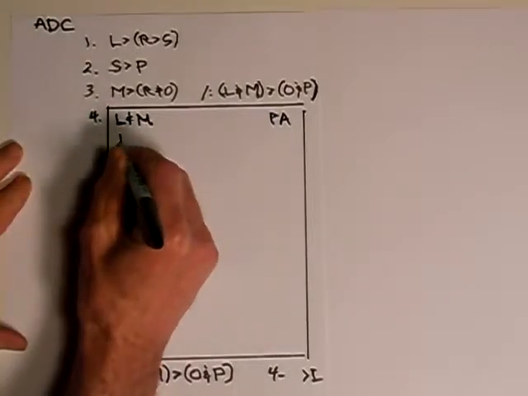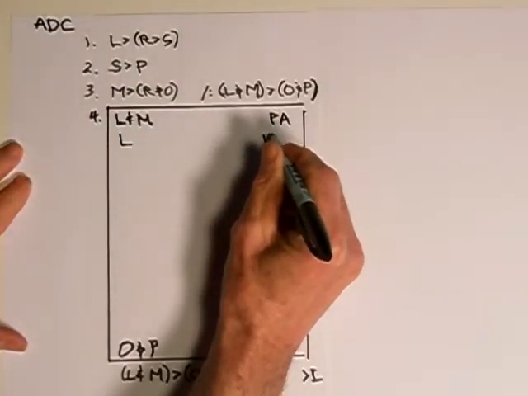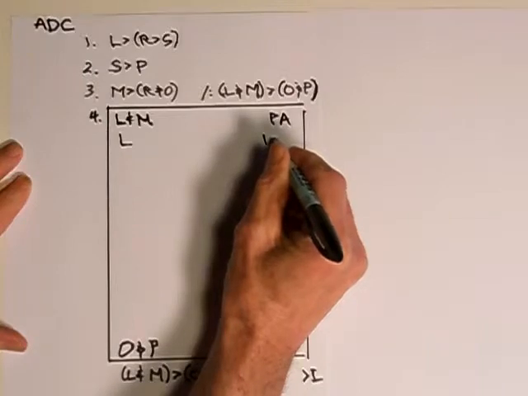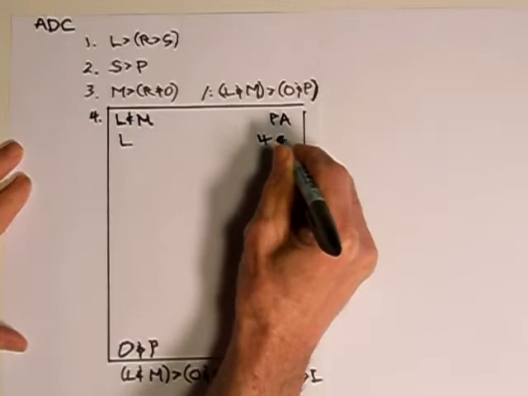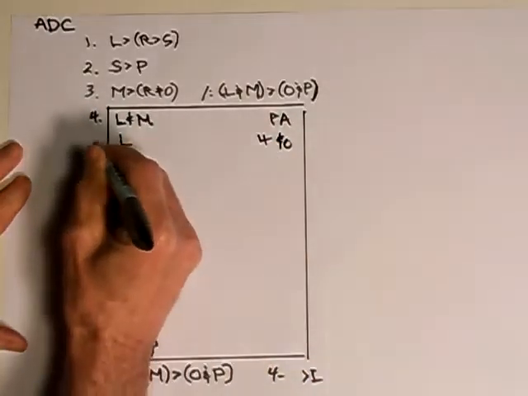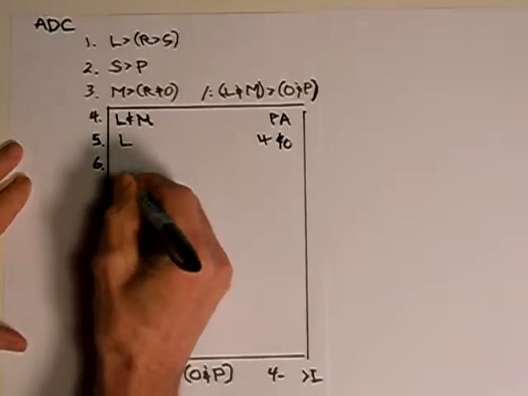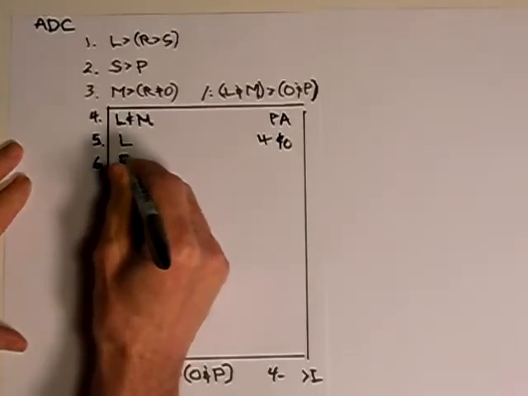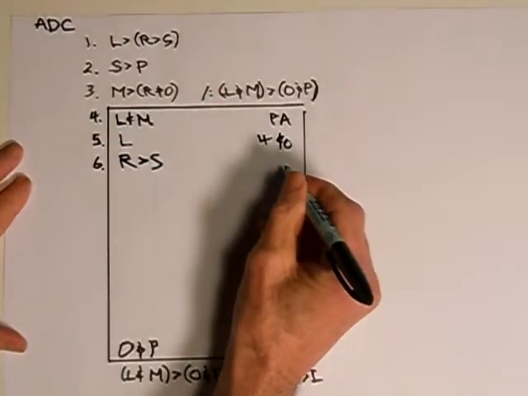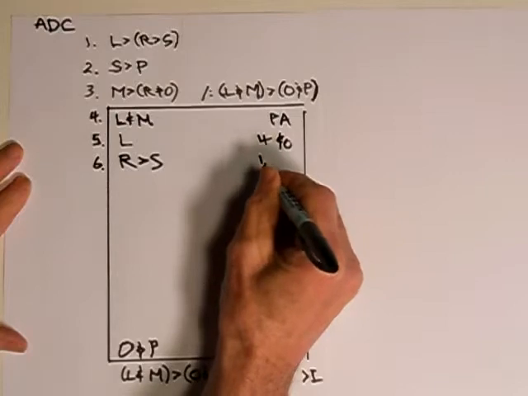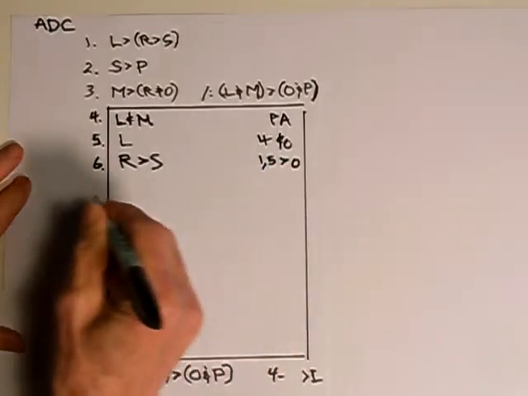So let's get L from 4 by and out, and use that L to get R and R arrow S out of line 1 by arrow out from 1 and 5.